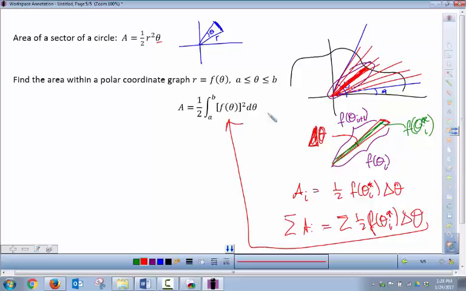So that gives us some interesting ideas of things to do. Let's do a cardioid without a loop. That one's going to be a little easier. Let's do an example.